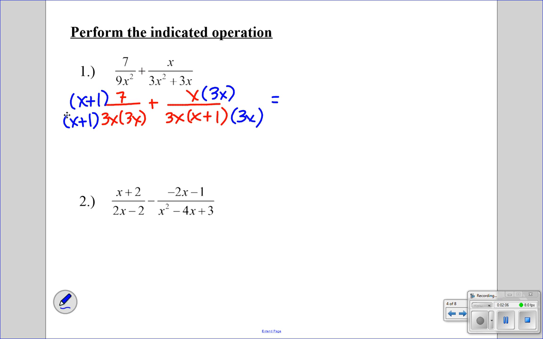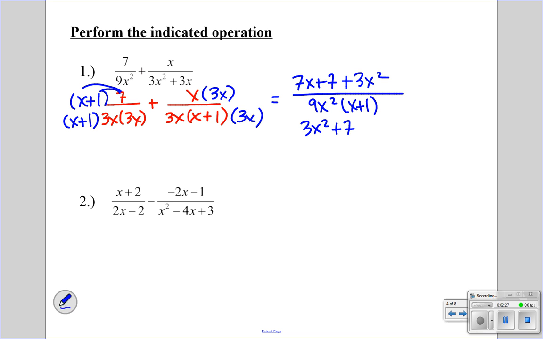So what we can do is distribute the 7 to x plus 1, so we get 7x plus 7 plus 3x squared, all over 9x squared times x plus 1. And we write this as 3x squared plus 7x plus 7 all over 9x squared times x plus 1.